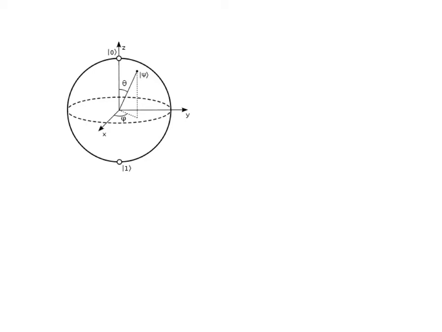So let's start off with we're representing our general qubit in this form, cosine theta over 2 times the 0 basis state plus e to the i phi sine theta over 2 times the 1 state.